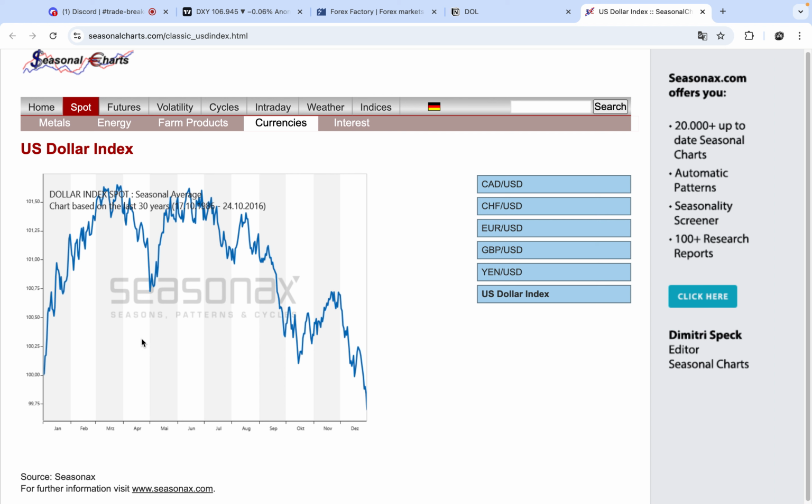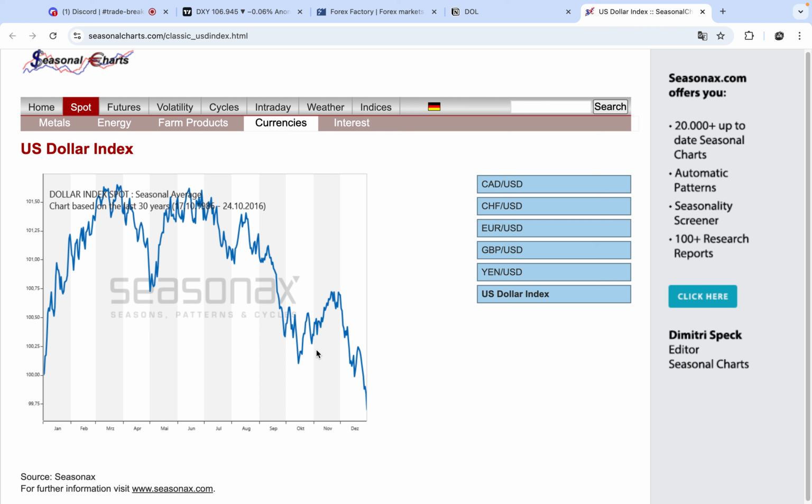This is what the price is doing: January, February, March, April. January bullish, February bullish. It can be two or three months apart. It's not 100% precise.